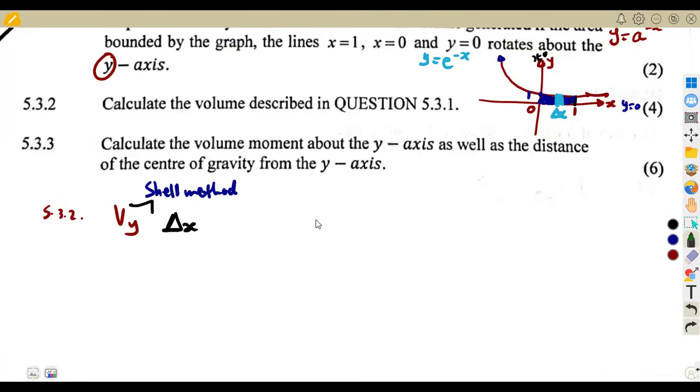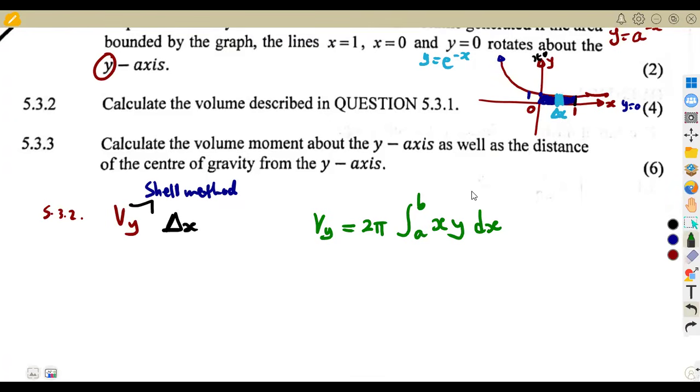So we saw that the volume with respect to y from the shell method is given as 2 pi, the integral from a to b, of xy with respect to x. I'm going to explain this. What does it mean? This x is for the x values, because the strip that we are talking about is for x. So we use x for that.